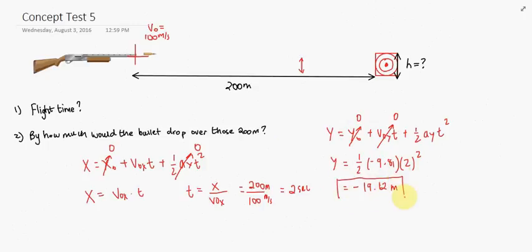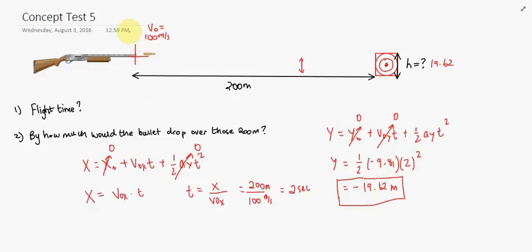So in essence what it's saying is that from the time this bullet leaves the gun, it's going to drop by 19.62 meters, right? So I would have to adjust my sightings to account for this drop. Or I could fire this at some angle that would offset how much this would tend to drop.